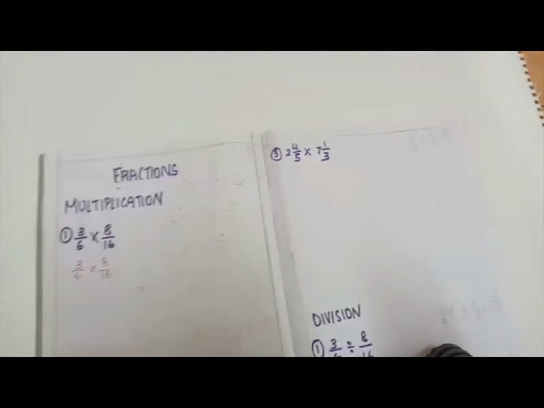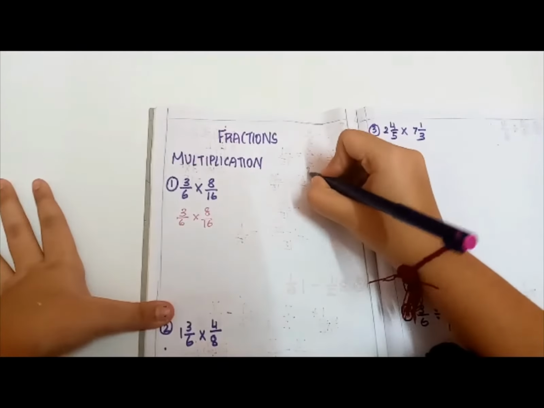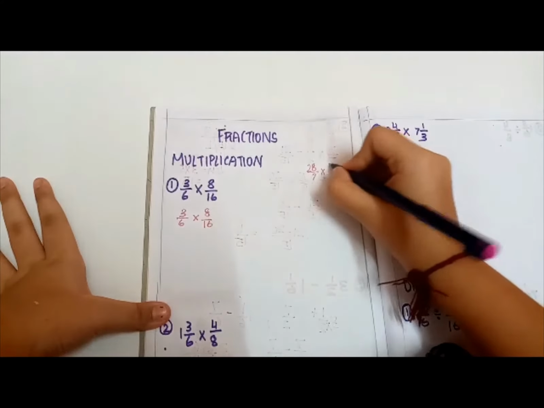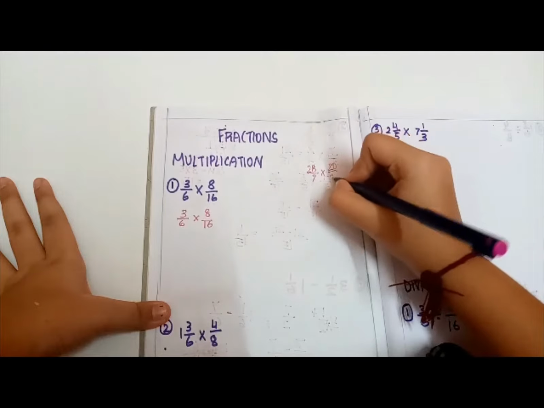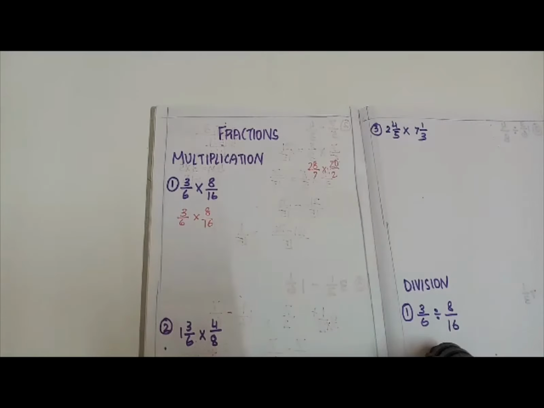For example, we have a multiplication sum to solve, 28 by 7 into 20 by 2. To solve this, we cut up and down, up and down.